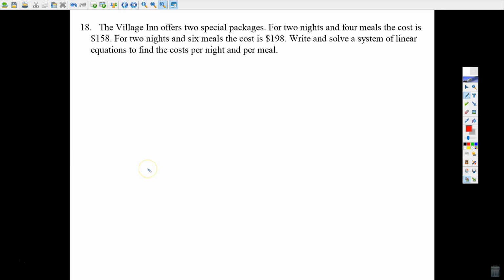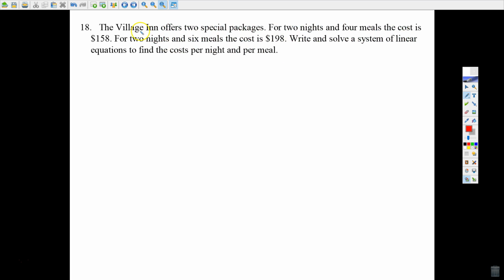This is number 18. I'm going to ask you on the test, and you had one like this on your last test, I'm going to ask you to create a 2-variable system and then solve it. 2 variables means I need 2 equations. I need a variable to represent each of the 2 items being talked about in this problem.